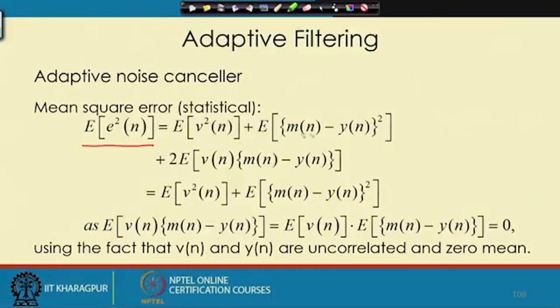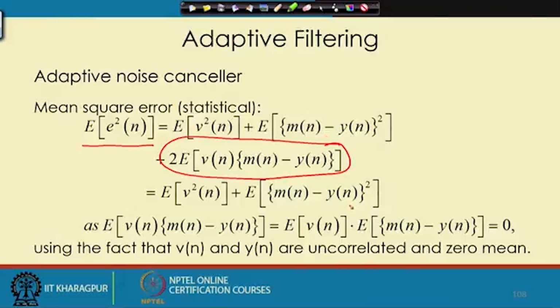So, we can expand the square operation, and we get three terms here. Out of them, one term is the cross term between v[n] and m[n] minus y[n]. On the other hand, the first two terms are the squares of v[n] and m[n] minus y[n].